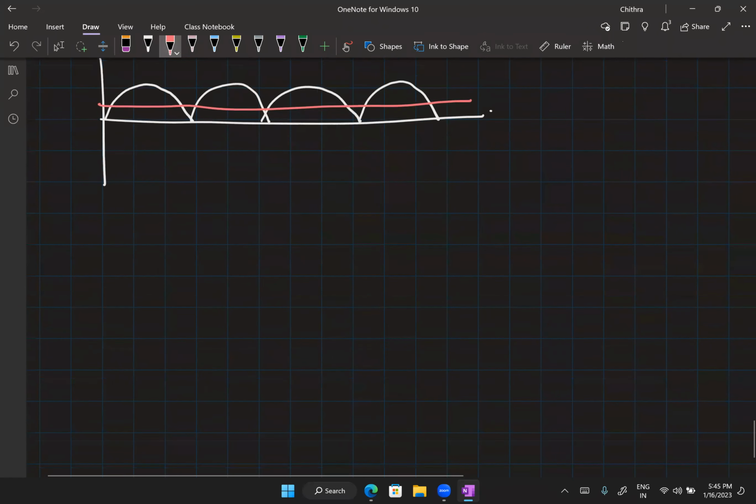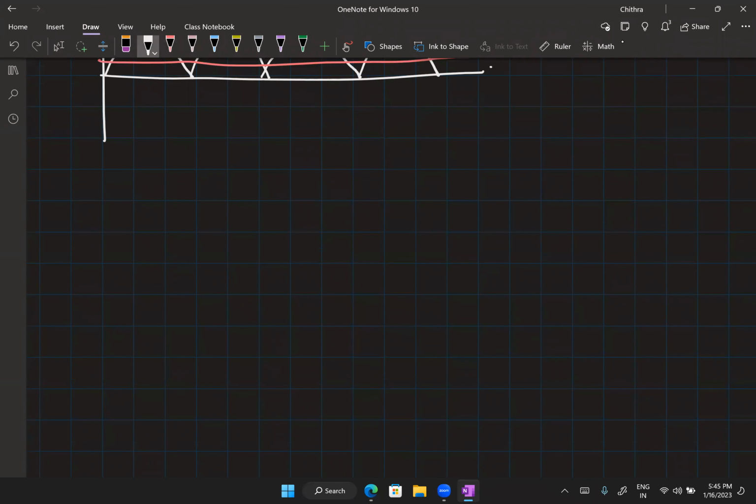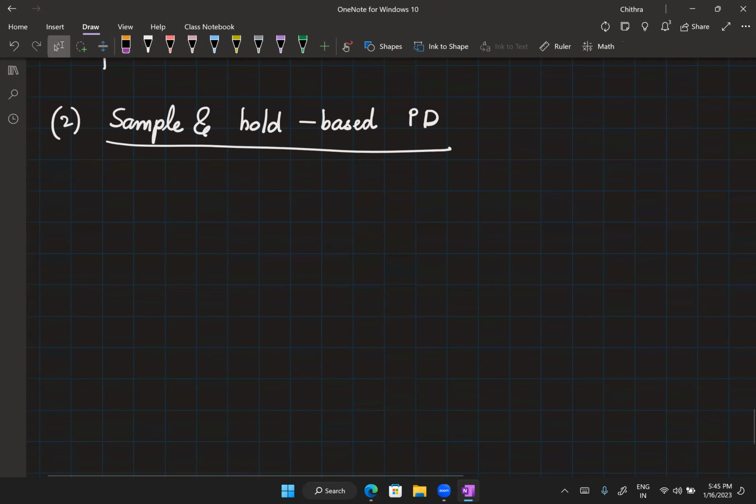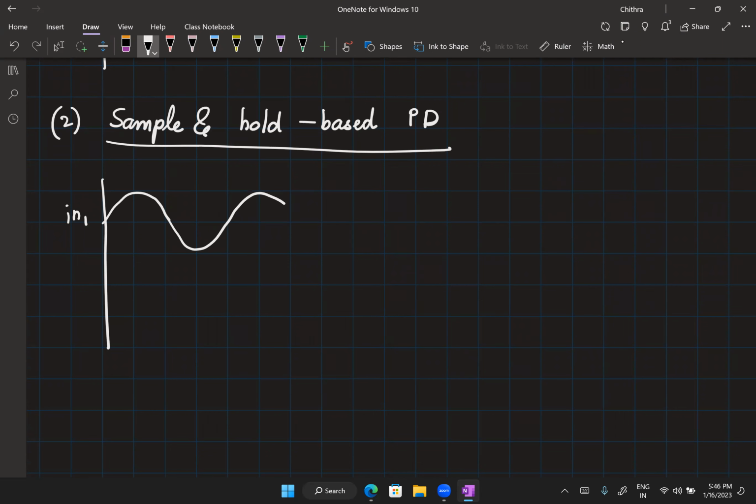Right. So now let's move on to the second phase detector. This is a sample-and-hold based phase detector. This is generally useful when one waveform is sinusoidal and the other waveform is a square or a rectangular waveform.